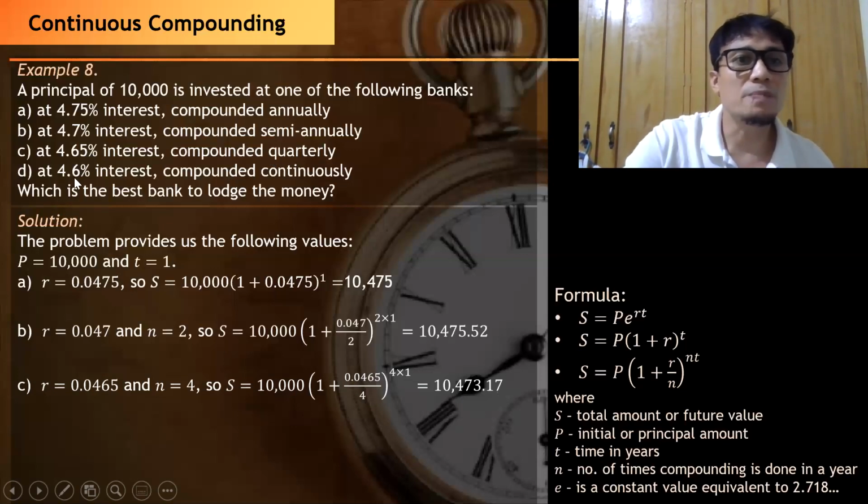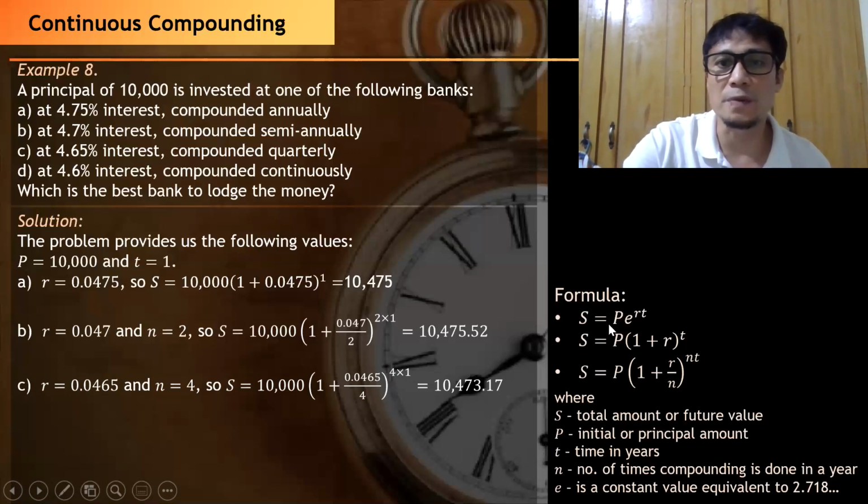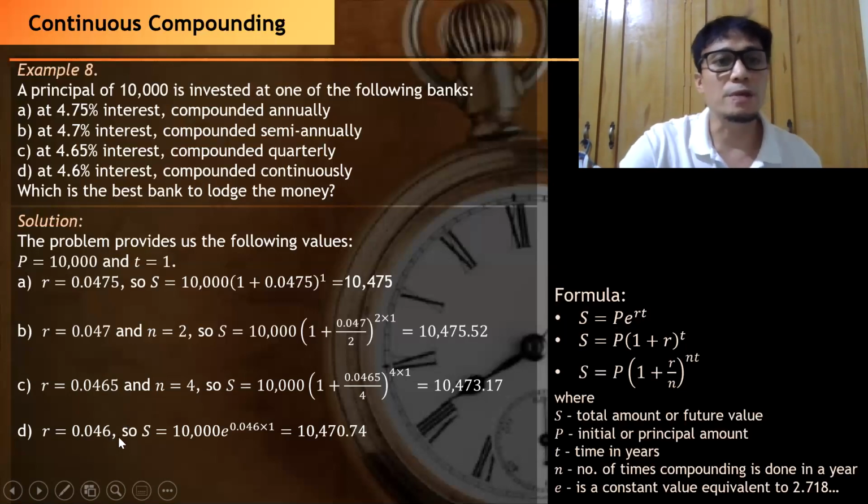Then last, the bank here pays 4.6% interest rate compounded continuously. So if it is compounded continuously, that means that we're going to use the first formula. So we plug in the given. Your R is 0.046.